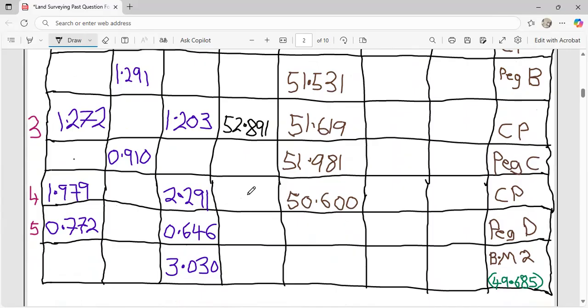So that is going to become 50.600 plus 1.979. At the end of the day, our HPC is going to become 52.579.